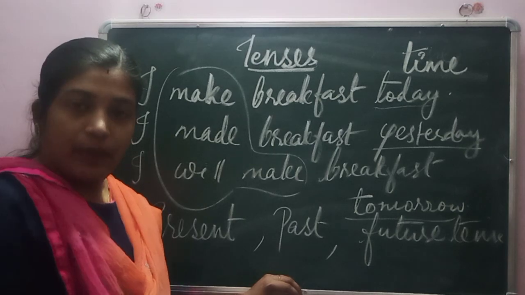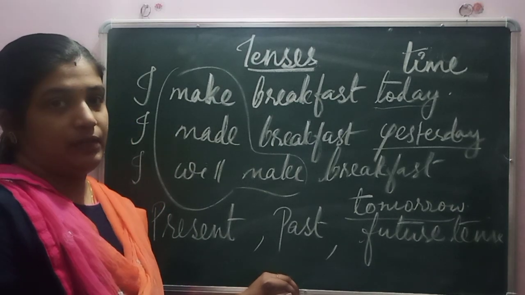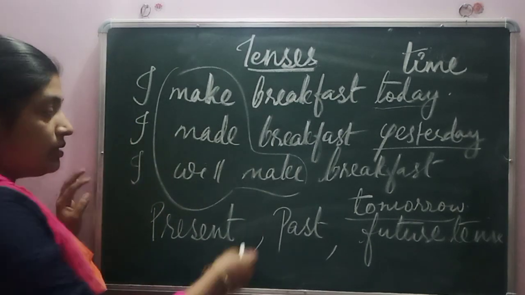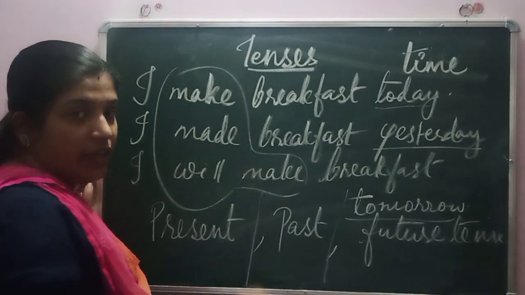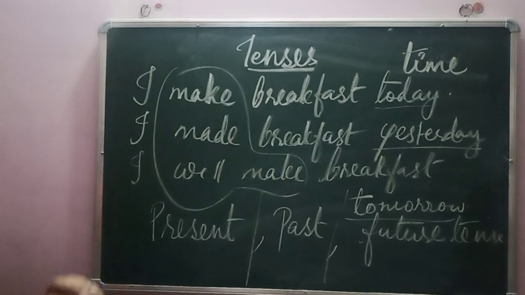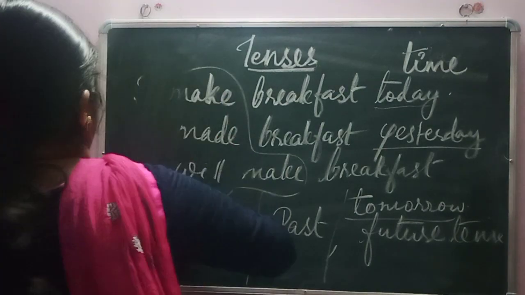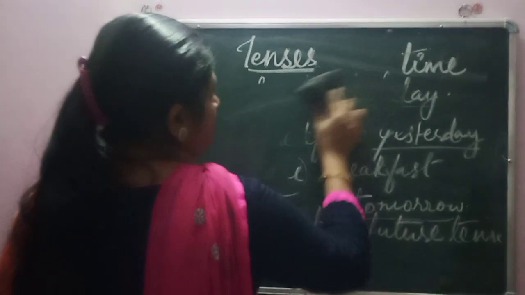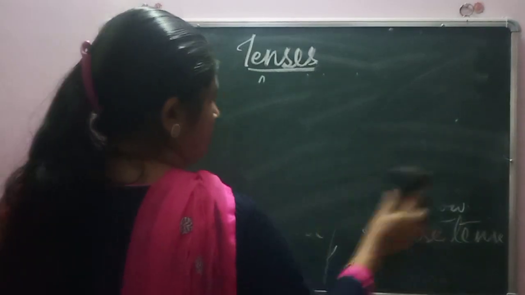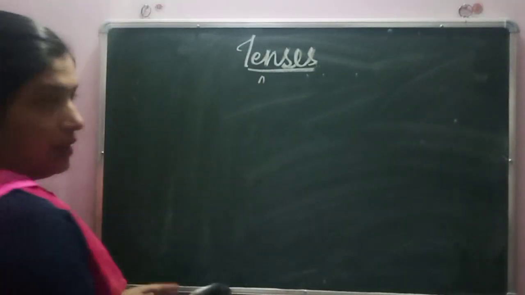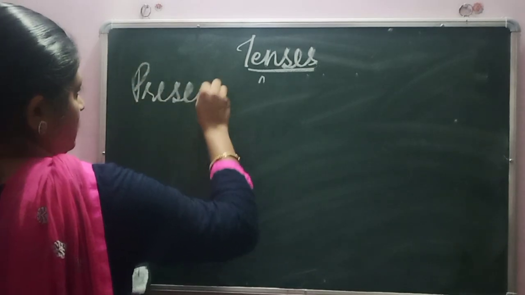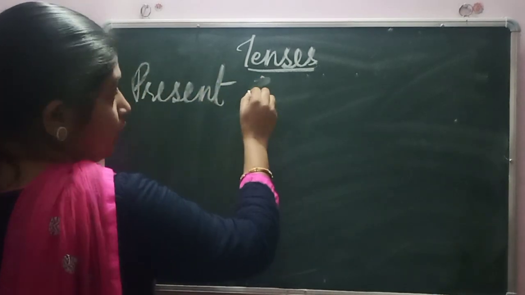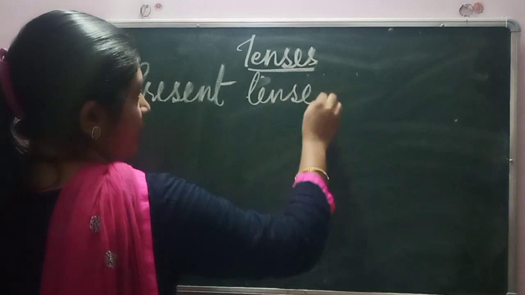Now we are going to study about simple present tense. And you remember one thing, these three main tenses are again divided into 4 each. Listen. First, present tense. I have already told you, present tense means something happens now.